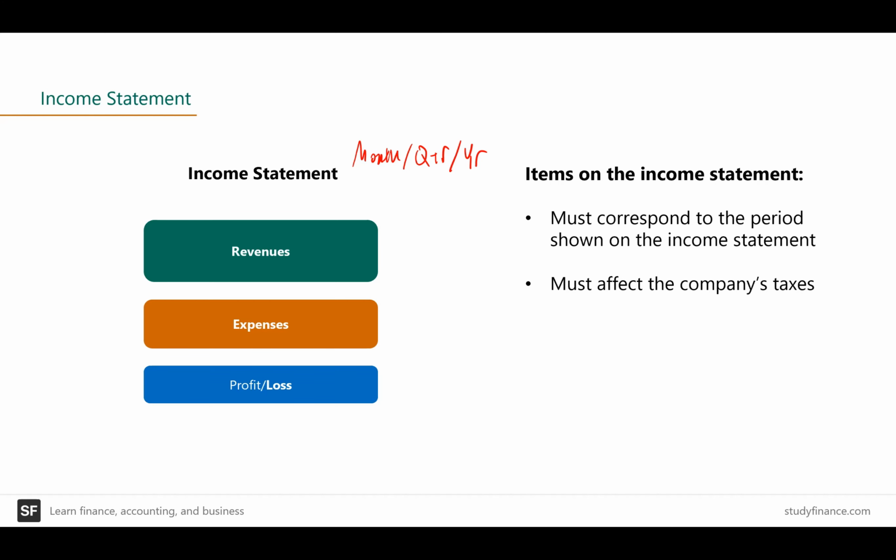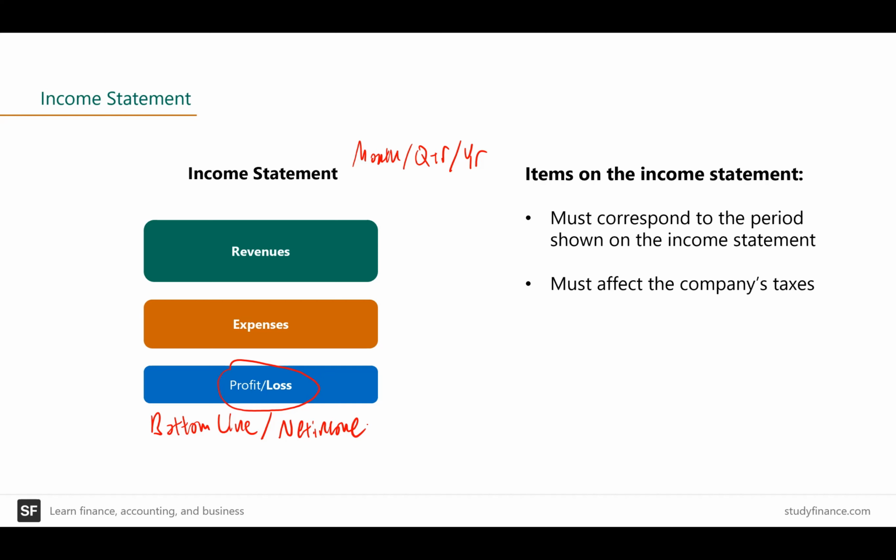It is also known as a profit or loss statement since it shows the bottom line or net income, and operating statement as it shows the net financial result of a company's operations during a certain period.